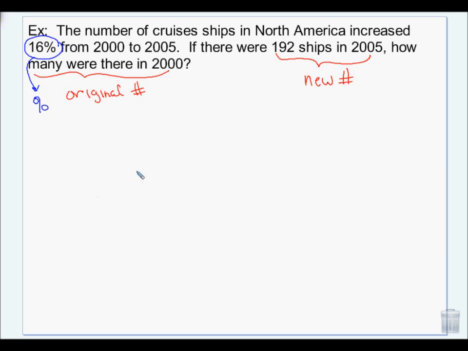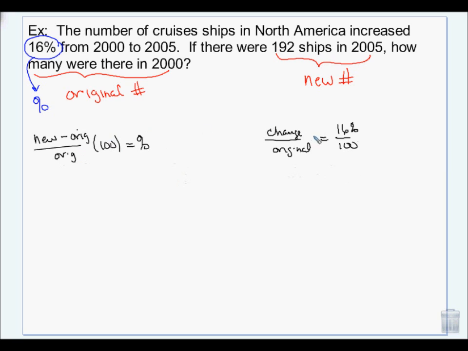So I either have to do method 1, which is new minus original over original times 100 equals percent, right? Or I can do change over original equals 16 over 100, or 16%.